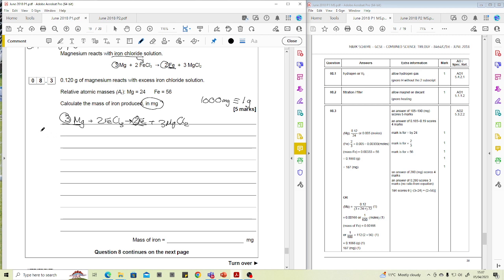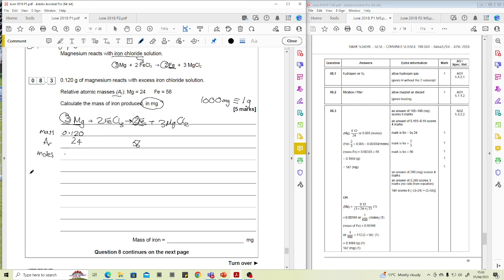So I've got a mass and an AR. I'll call it AR because it's given in the question as AR. And then I'll do moles down the side. Our mass is 0.120 grams. I'll do the conversion right at the end. The AR of magnesium is 24 and of iron is 56. So I can get my moles straight away.